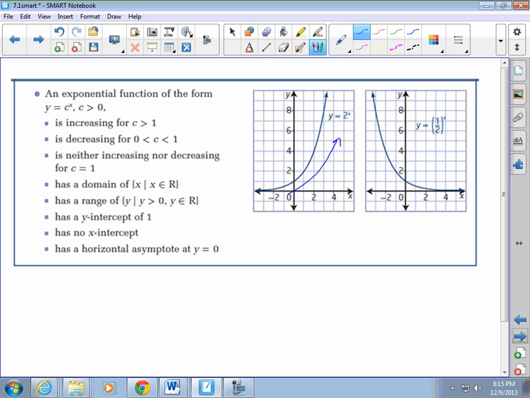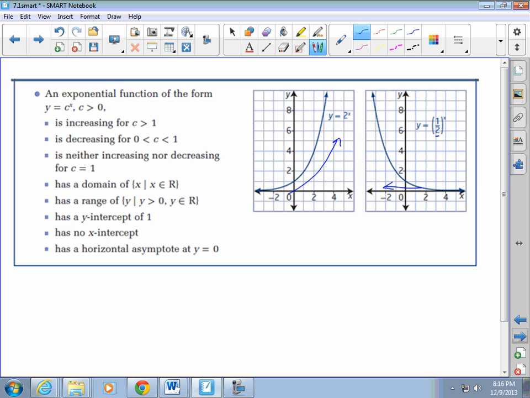It will be decreasing, or considered to be a decreasing function, if it's between 0 and 1. So if my fraction here is between 0 and 1, then my function is going to be decreasing, which means my values are going to be getting smaller as I go from left to right.